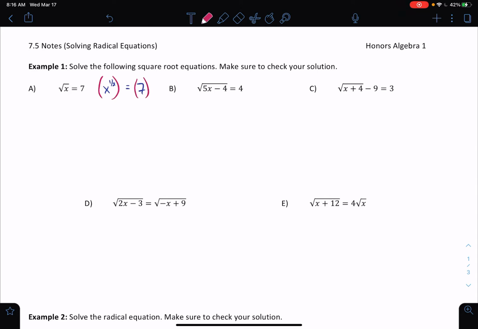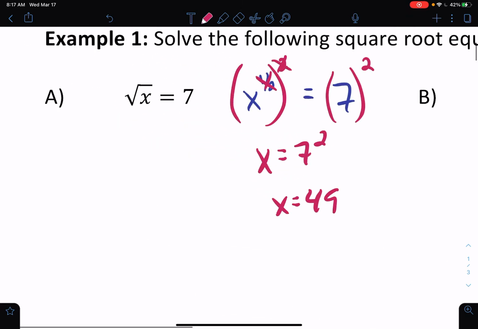Well, if x is currently being raised to the 1/2 power, then if I square that side, 1/2 times 2, these are going to cancel each other out, leaving me just with x equals 7 squared, or 49.